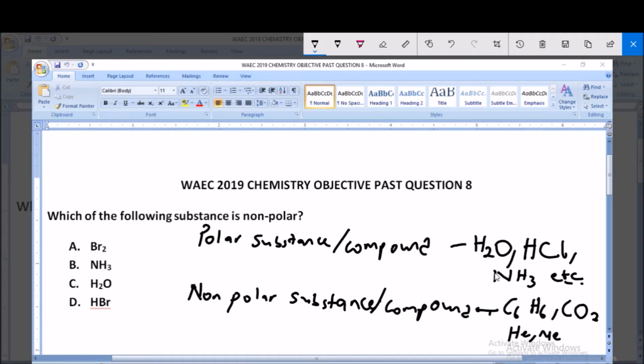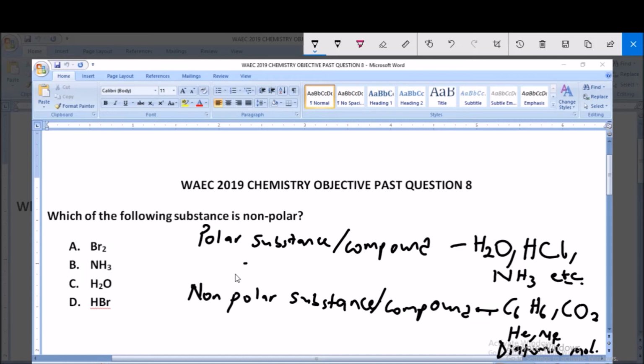Now remember that I also mentioned that diatomic molecules are also examples of non-polar substances. So from the options, you have bromine, ammonia, water, and hydrogen bromide. Now if you look at ammonia, we have already mentioned ammonia as an example of a polar substance, so ammonia is ruled out.